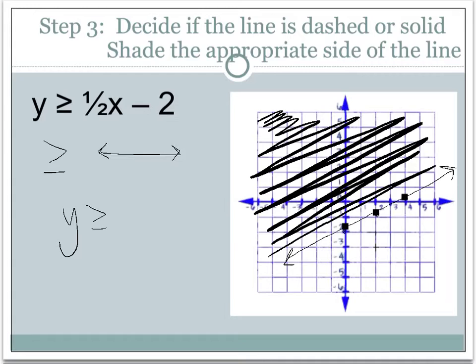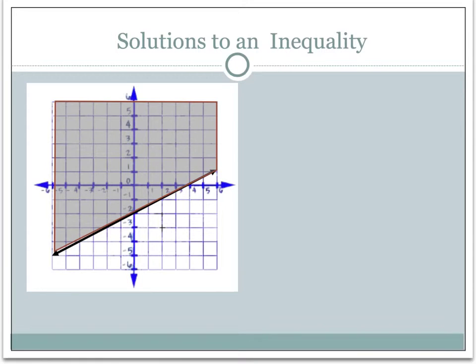Now that's what your graph would look like. You could leave it like this. It was a solid line. You shaded above the line, which is going to be appropriate. But let's take a look at what this really means in terms of solutions. So here we have our same graph. We have our solid line and it's shaded above that line. Now let's talk about a solution. The solution to this inequality is any point that lies in that shaded area.